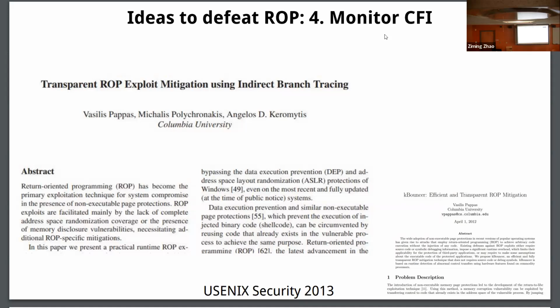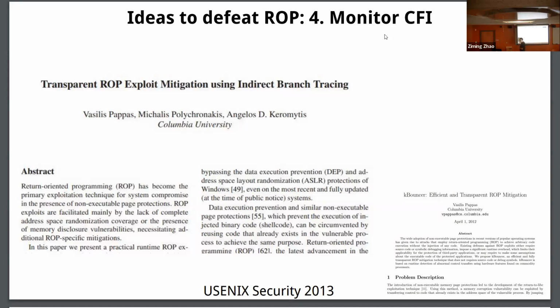There will be so many returns. So use that as a heuristic: the percentage of return instructions in the trace can be the indicator to guess if there is a ROP attack. So that's another idea.